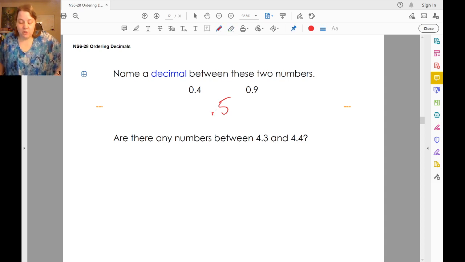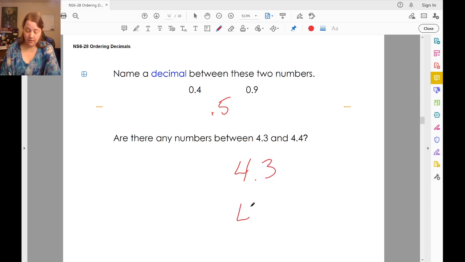What about something between 4.3 and 4.4? Well, what's between 4 and 3/10 and 4 and 4/10? I have 4.3 and 4.4. Well, there's no real number between 3 and 4, so let's use invisible zeros, and let's see if this makes a difference.